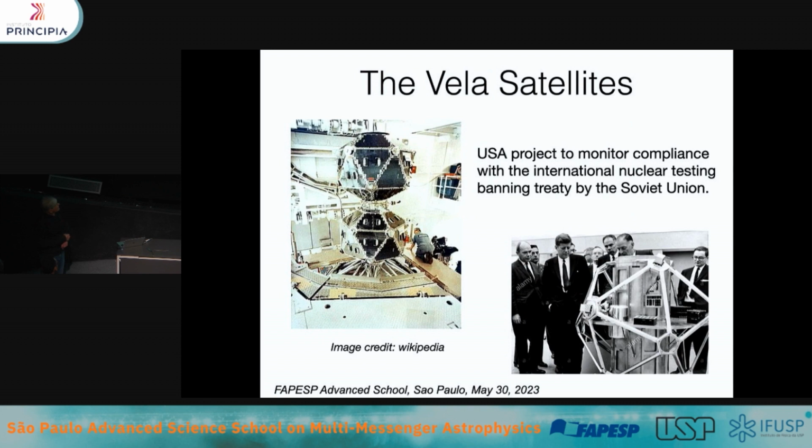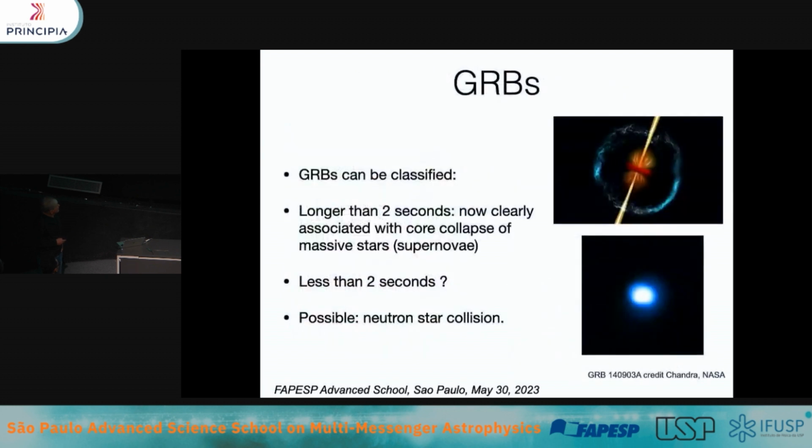In the 70s also occurs the discovery of gamma ray bursts that started, by serendipity, just because they were monitoring compliance with the nuclear testing ban. There was the treaty with the Soviet Union at the time. And of course the GRBs, you already heard a lot about this.